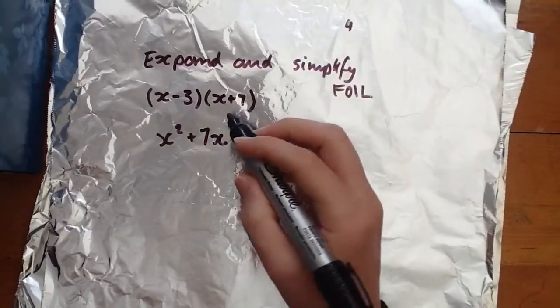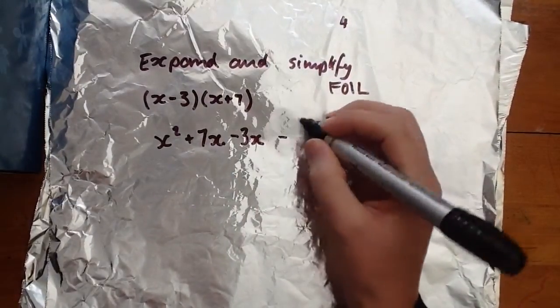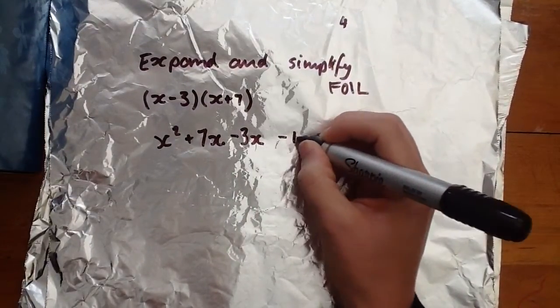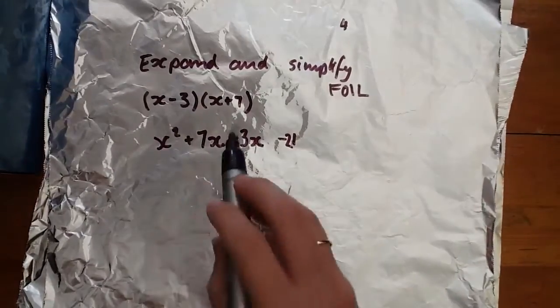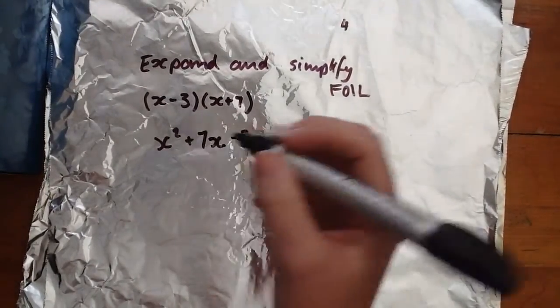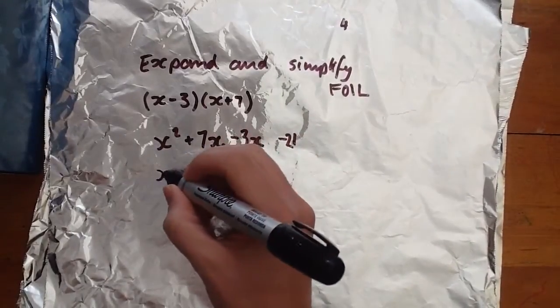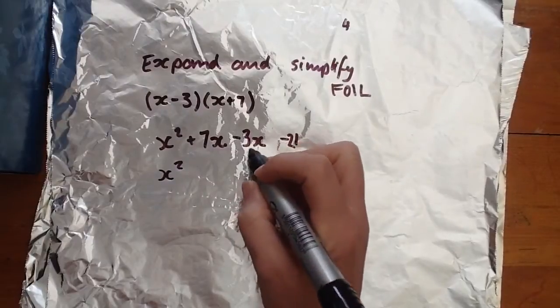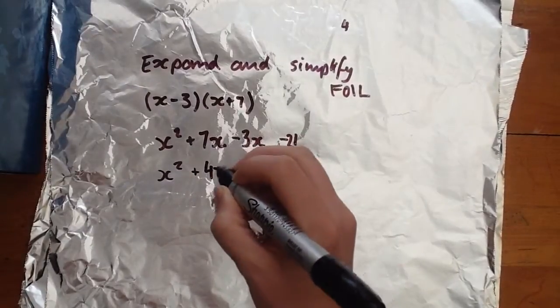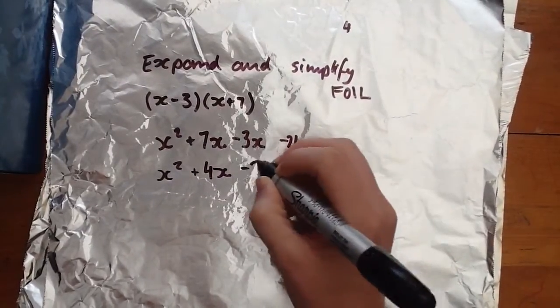And then the last from each set would be negative 21. We then need to go through and gather the like terms. So that would give us x squared. We can add those x's, so plus 7x minus 3x will give us 4x, minus 21.